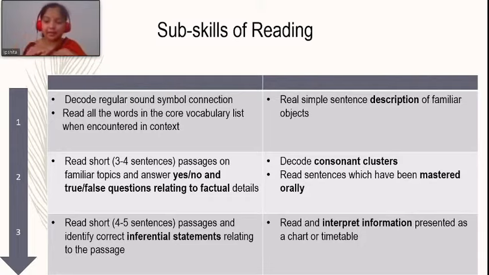So hidden meanings in the text they are able to do. So gradually students are moving from level 1 to level 3, then 4, 5, 6. So please take a look at these sub skills and the levels. Then you will be able to match them with your tasks and activities, and you will be able to see where your students are, and you can handhold them and take them to the next level.